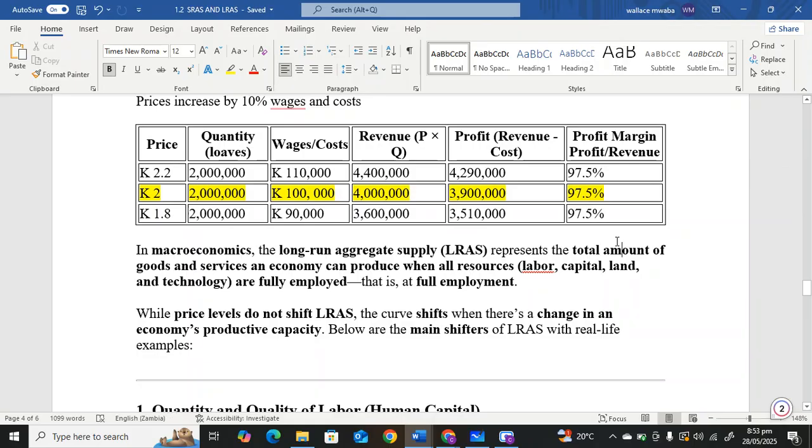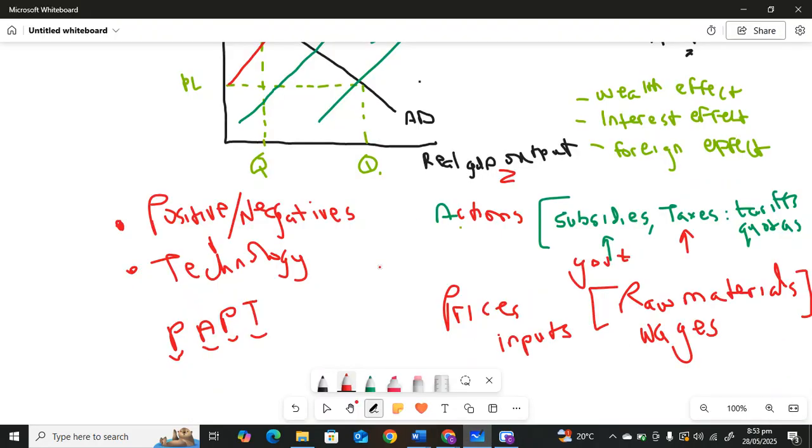Okay. So the only things that can shift this long run aggregate supply is if you get more labor, more capital, more land. These factors of production. If you acquire more of them, then this long run aggregate supply curve can shift like this to the right.